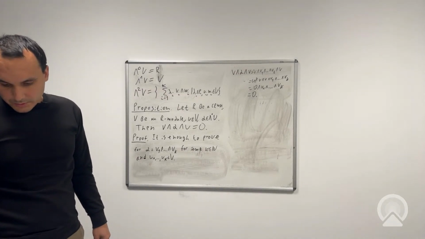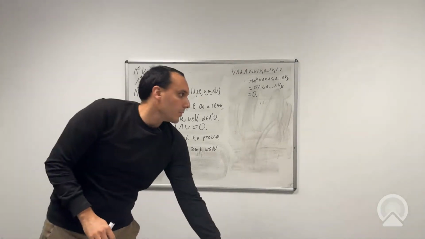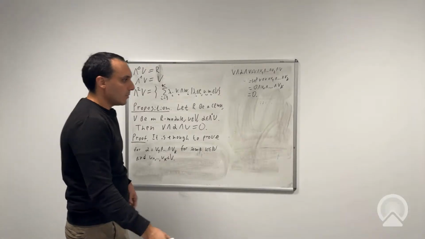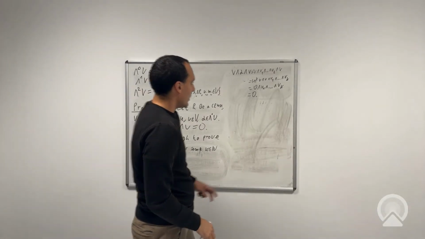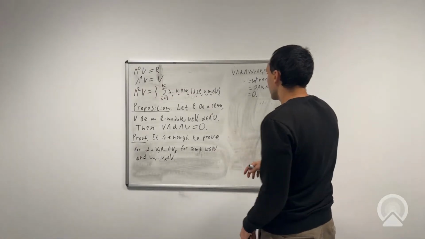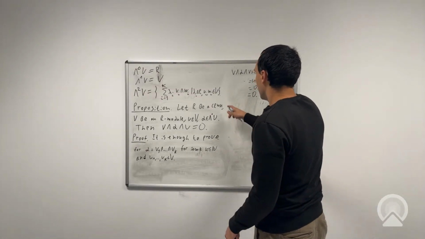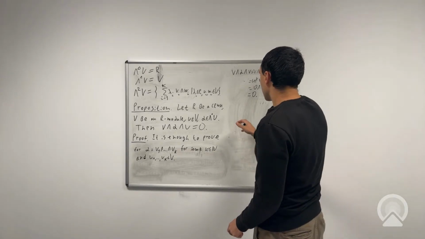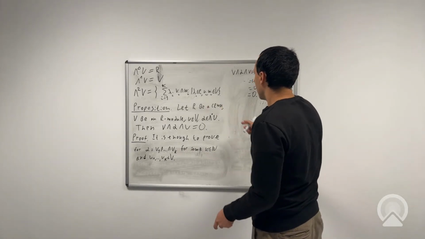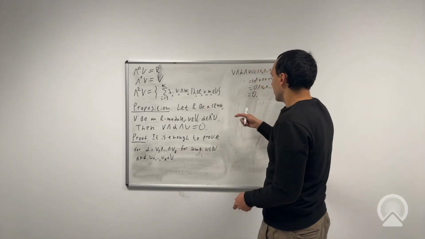And so now, as I said, if we are in finite dimension, then this will mean that high degree elements of the algebra, also called multivectors of the exterior algebra, vanish.